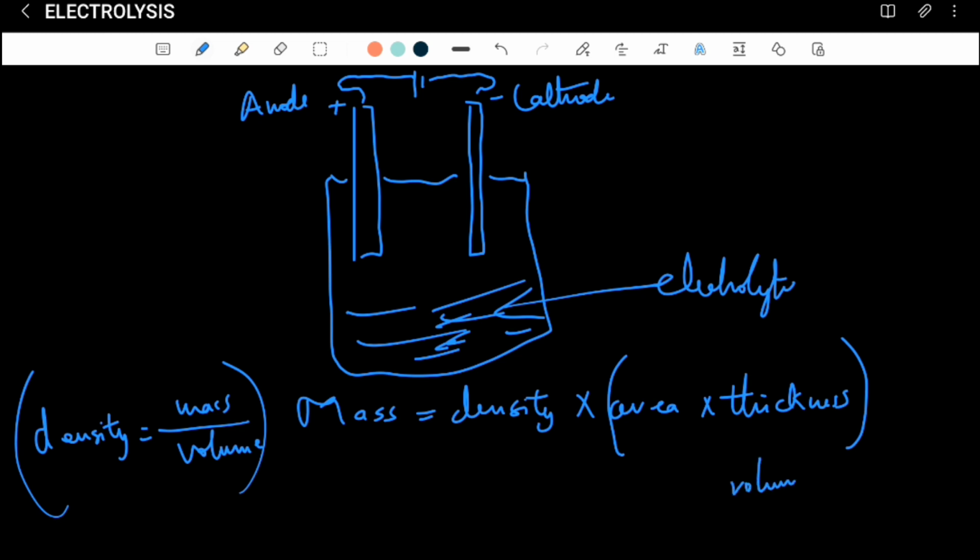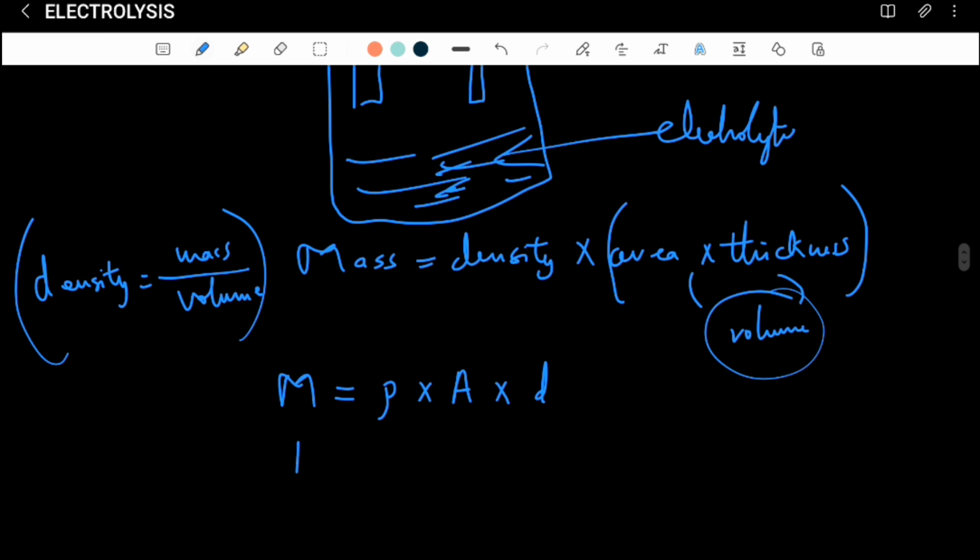So just keep track of this. Just basic substitution, that was what we did. And if I were to put this in equation terms, that would be mass M equals density times area times the thickness.